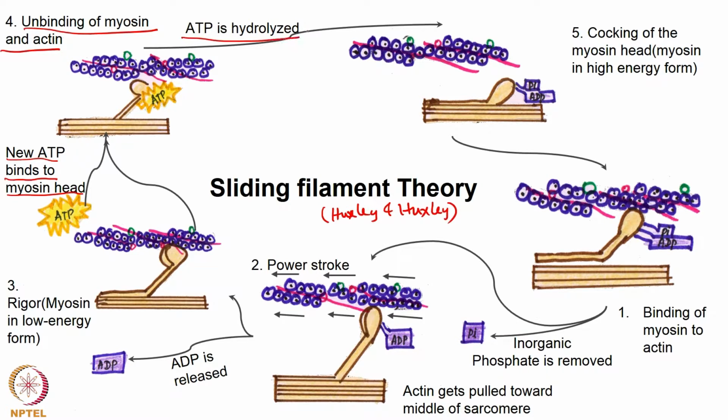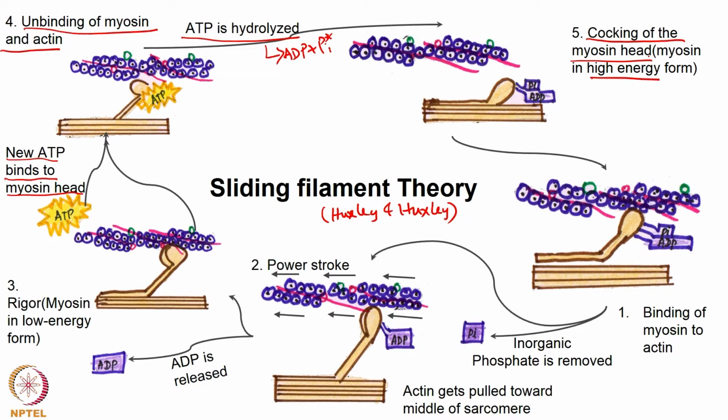Then ATP is hydrolyzed into ADP plus Pi. This takes myosin to a high energy form. This situation is also called the cocking of the myosin head. It is ready for the next cycle of action.